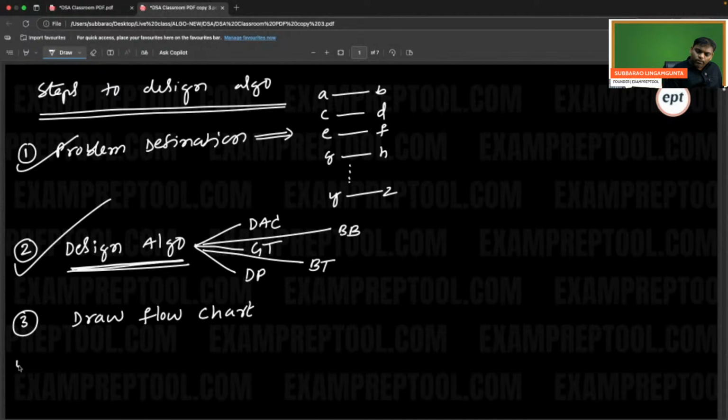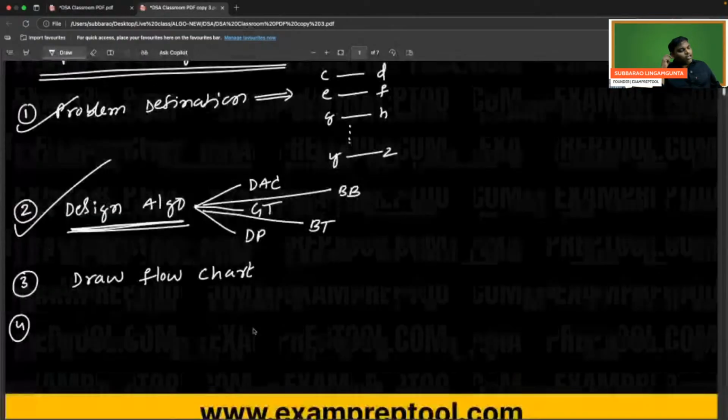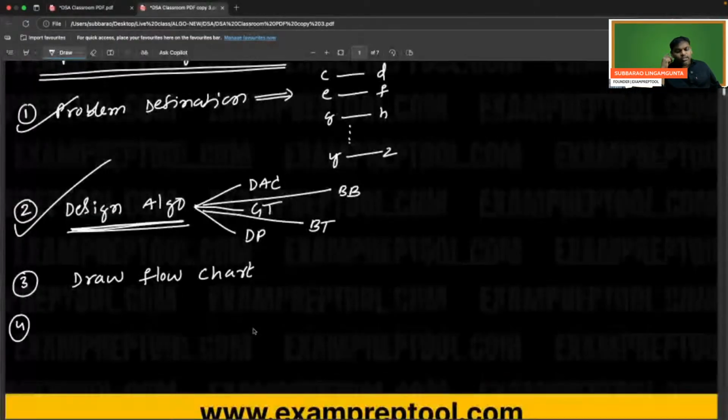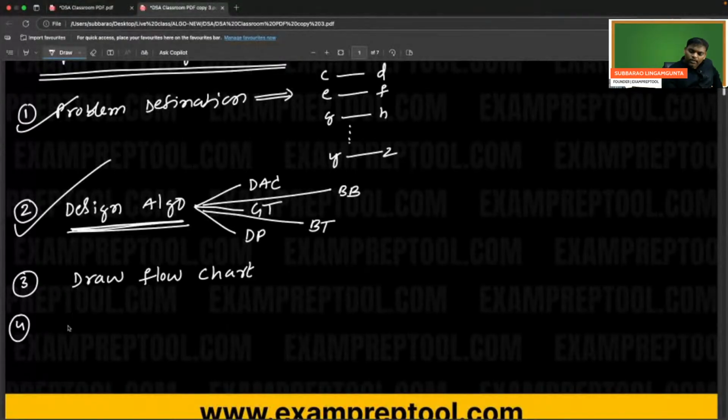Fourth step. Now you have a flowchart. You can verify your program is really right. Whatever algorithm you have written, you can check whether everything is correct or not. That is called, sorry for this, testing.